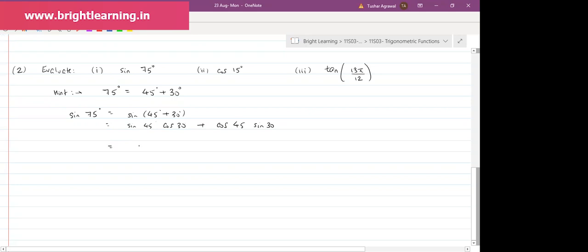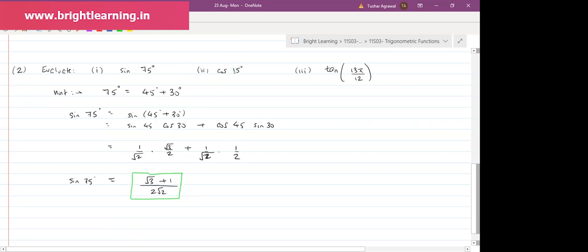So this turns out to be sine 45 is 1 by root 2, cos 30 is root 3 upon 2, cos 45 is 1 by root 2, sine 30 is 1 by 2. So root 3 plus 1 upon 2 root 2. This is the answer of sine 75 degree. Sir, for second one also same answer. Root 3 plus 1 by 2 root 2. Yes, correct. Second one also same answer it will come.